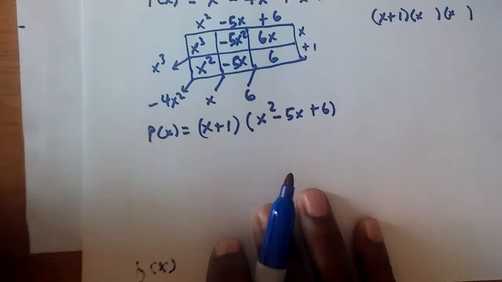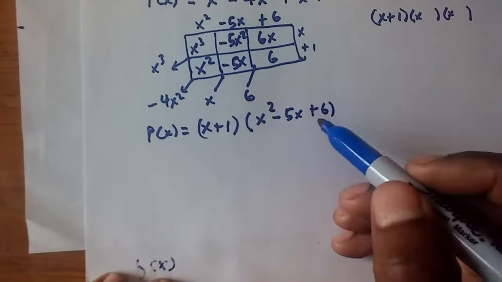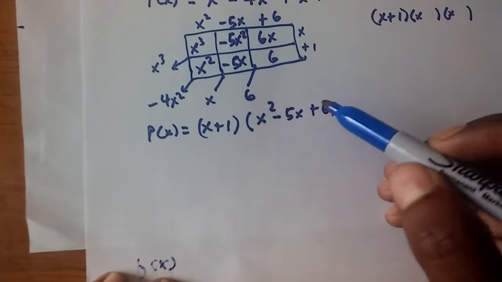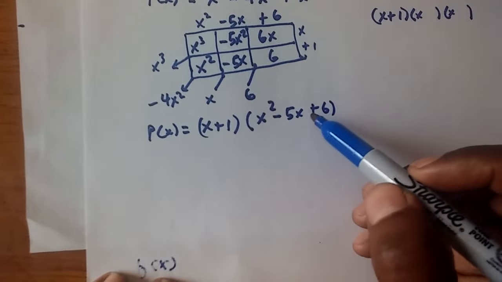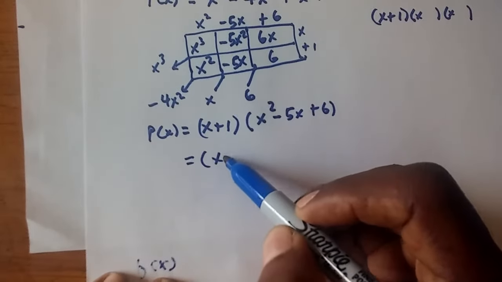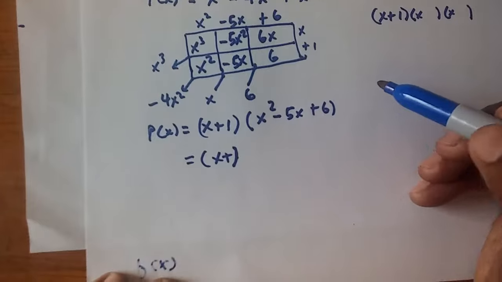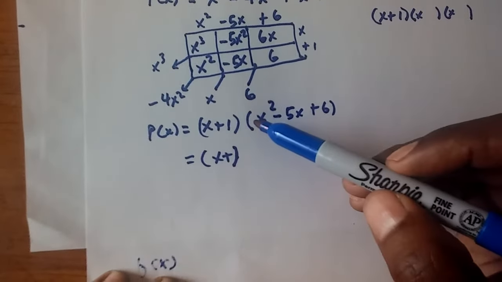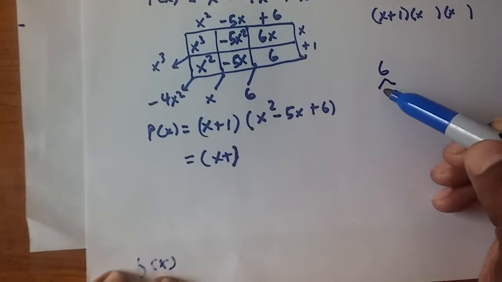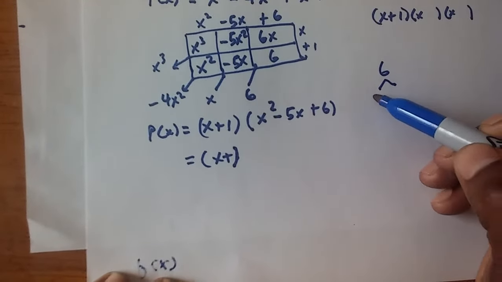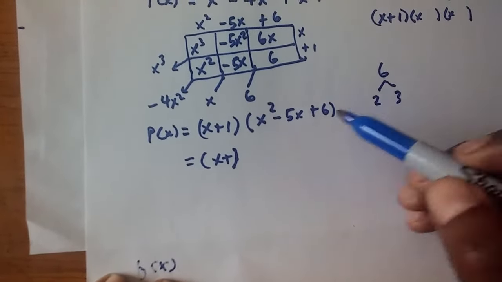However, we're going to try to factor it by doing simple factoring. 1 times 6 is 6, so we can break this up into 2 and 3, so that we can get negative 5.